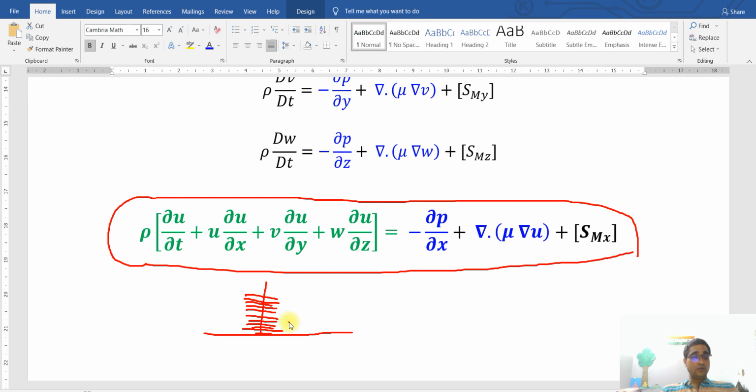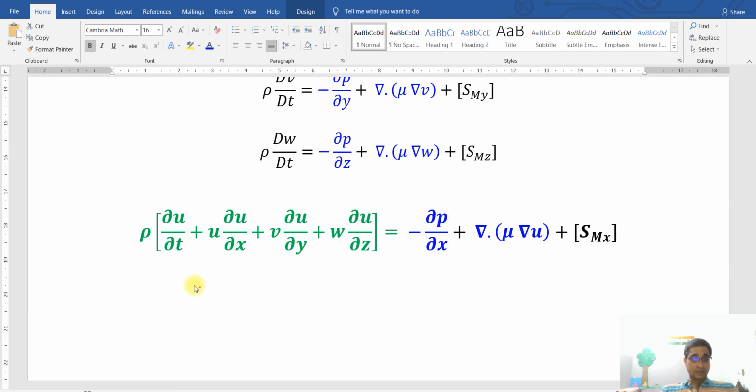So you have the problem of high computation cost, because you may have a large number of grid points if you directly solve this equation.